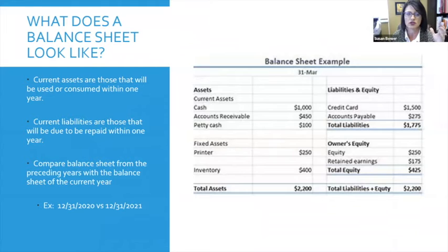And how are those two related to help decide what happened in my business and what is the trend? Again, balance sheets show a picture as a snapshot in time. So this one shows us as of March 31st of that year, this is what things look like. That's why we compare year end to year end.